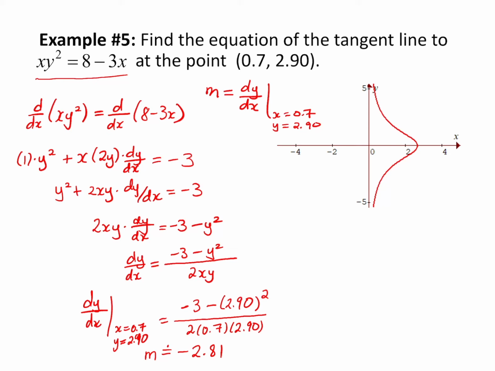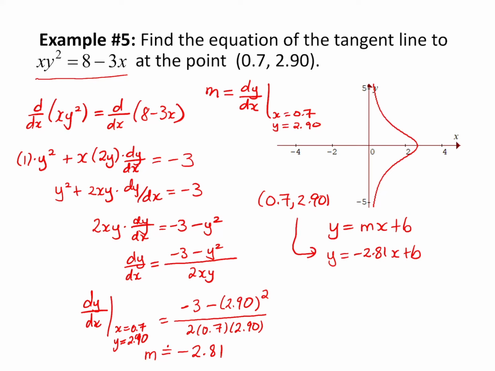So we can go to now finding y equals mx plus b. We have the m now. It's equal to negative 2.81. What we need is the b. Again, we find that by substituting in our point 0.7, 2.90 for x and y.